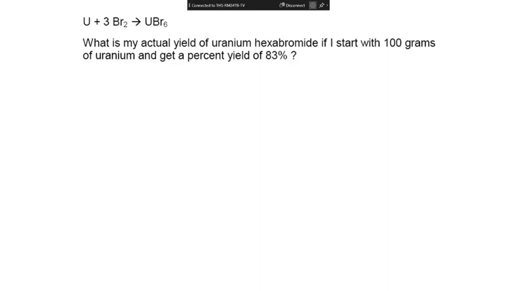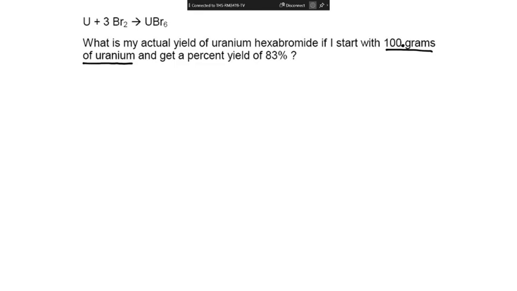So once again, I want to identify what's given to me here. It says 100 grams of uranium. And I tell you what, I'm going to cheat a little bit. I'm going to add a decimal there. It'll be a lot easier to follow this one if we can keep up with at least 3 sig figs. If we round everything to 1 sig fig, it may not make a lot of sense. So let's say 100. grams of uranium.